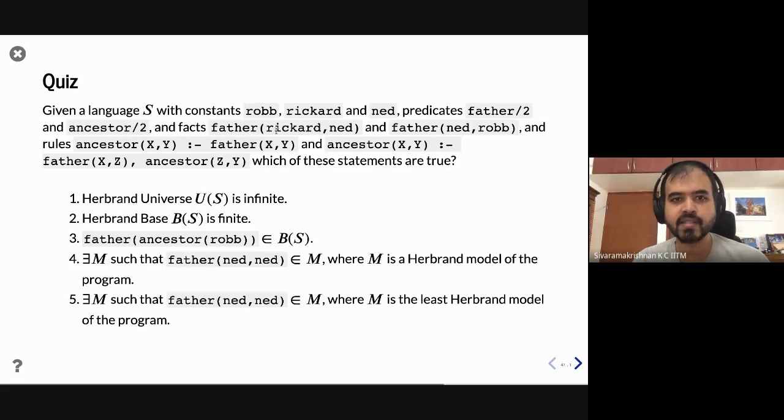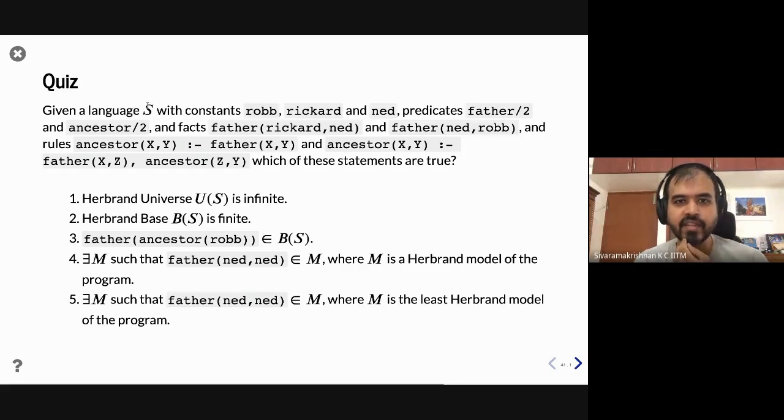We have the facts: Rickard is the father of Ned, and Ned is the father of Rob. And we have the rules: X is an ancestor of Y if X is a father of Y, and X is an ancestor of Y if X is a father of some Z, where I'm not telling you what Z is, but Z is an ancestor of Y. This is the same as what we had seen earlier.